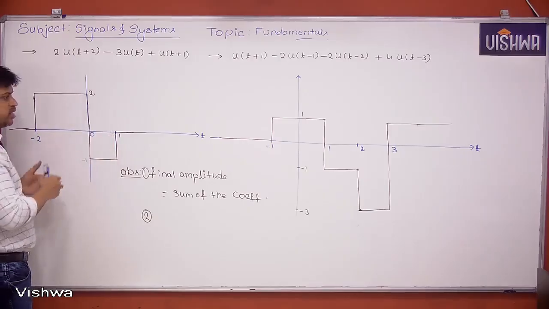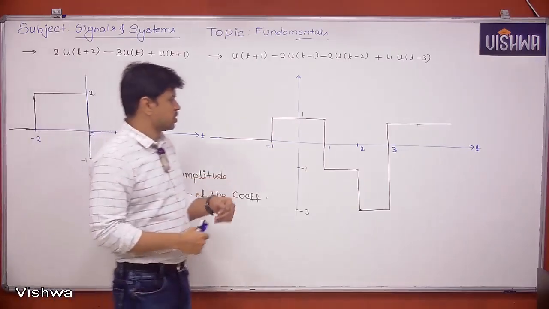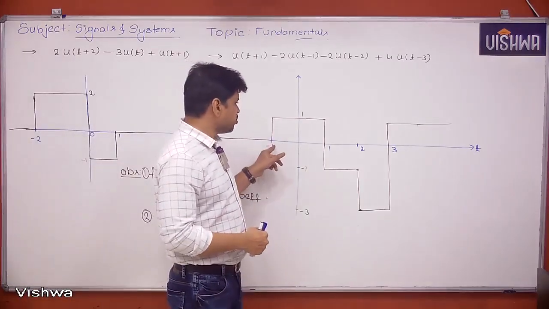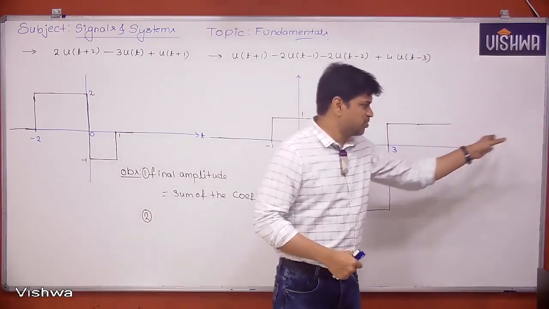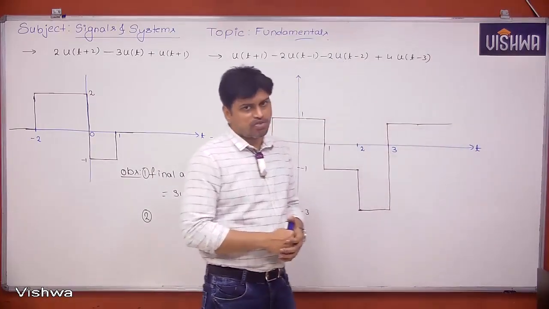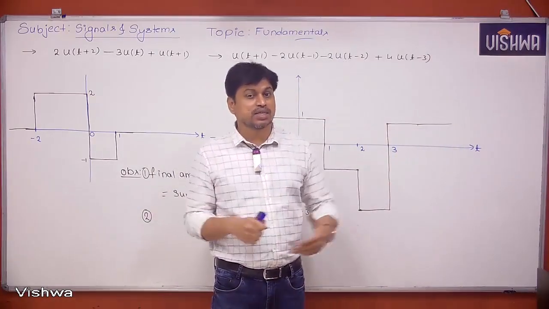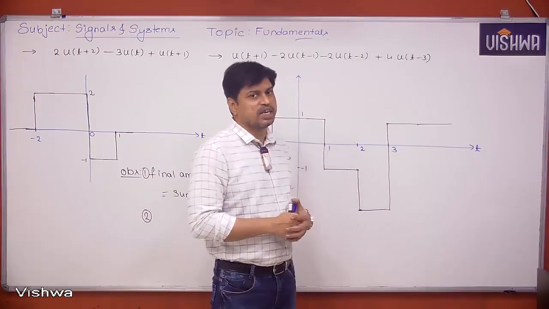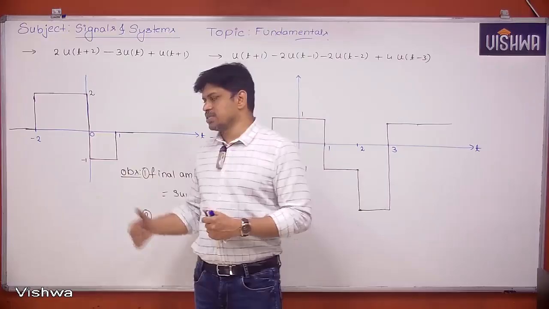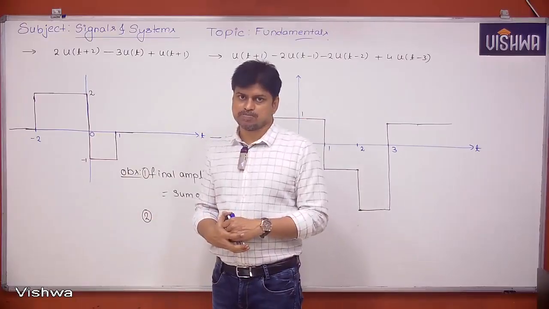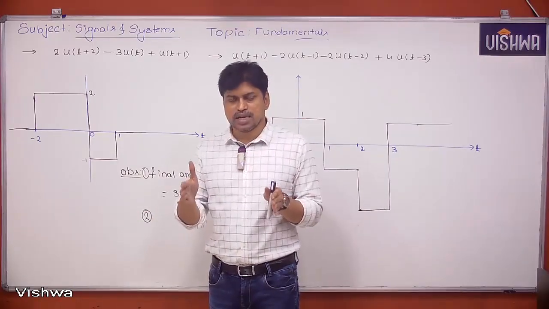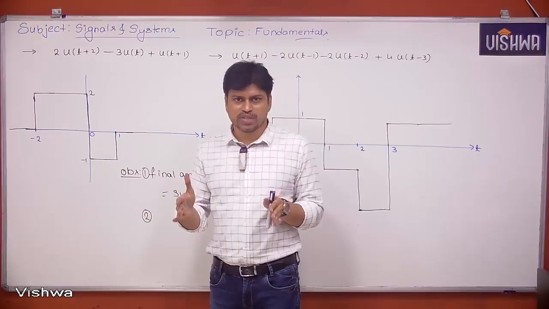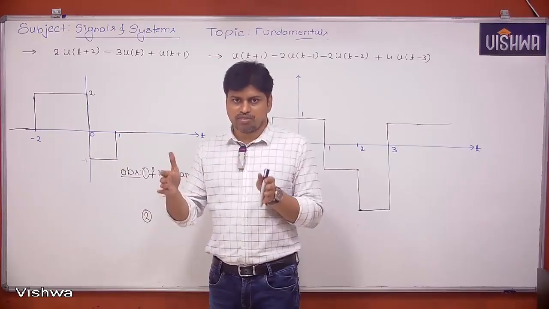That means it is a finite duration. Whereas coming to this one, the signal is existing between -1 and +infinity. It will go up to +infinity. So finally, the duration of the signal is nothing but infinity. So we can say this signal is called an infinite duration signal and this signal is called a finite duration signal. The existence means the non-zero value of the signal is present for finite duration.